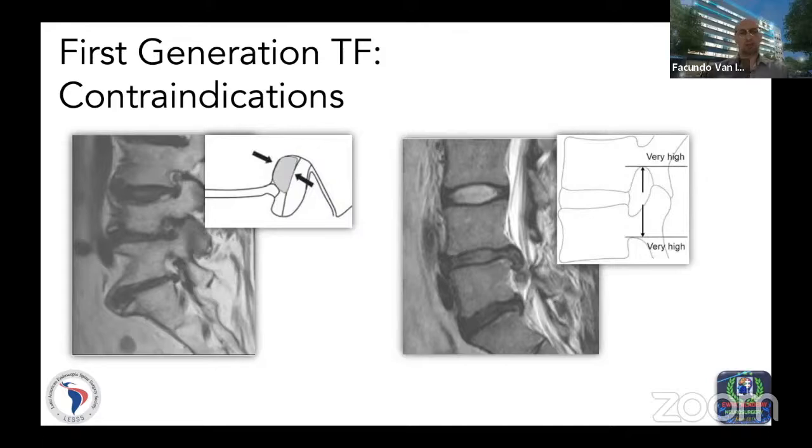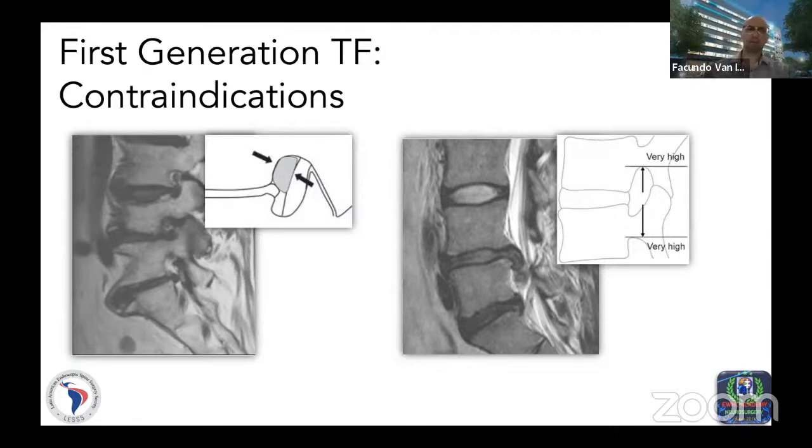You were risking damage to the exiting nerve root. The same thing happened with migrations. If you had a hernia with a high migration, like caudal migration hiding behind the pedicle, or a cranial migration going into the axilla of the exiting nerve root, it was really hard to access it with a transforaminal access.